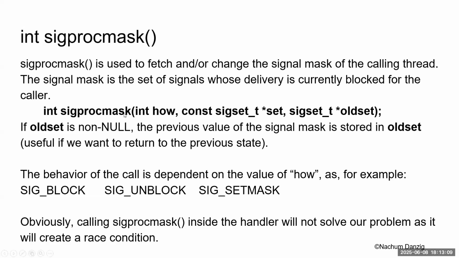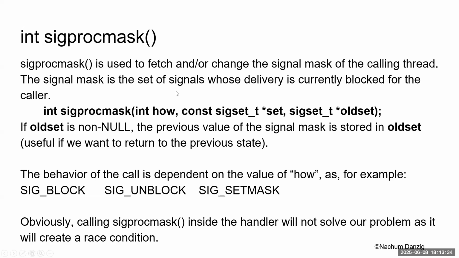So here's how you run this function. There's sigprocmask, and there's the how parameter, the set parameter, and the oldset. We'll explain the oldset last, but the how is basically what I want to do, and the set is on whom I want to do it. The oldset is a place for me to capture the previous value.